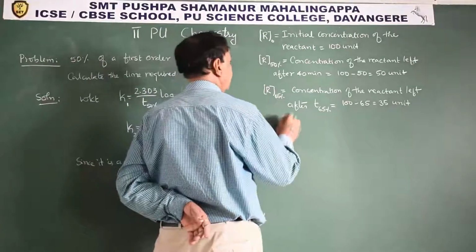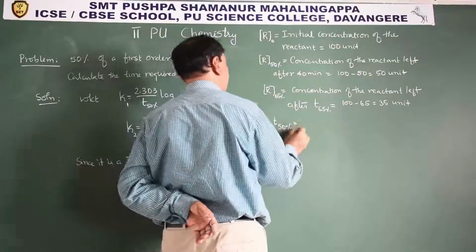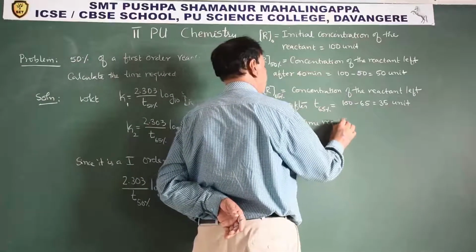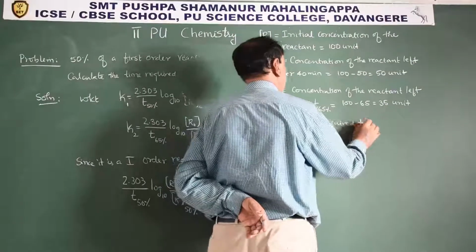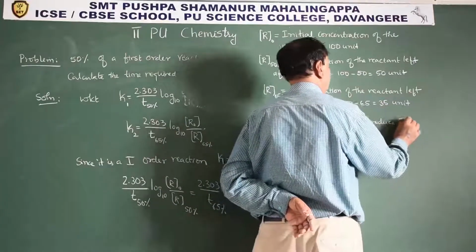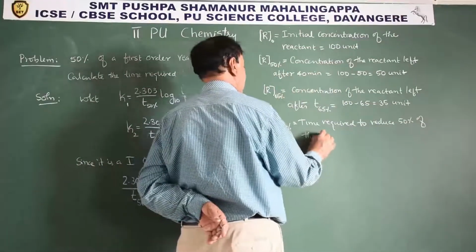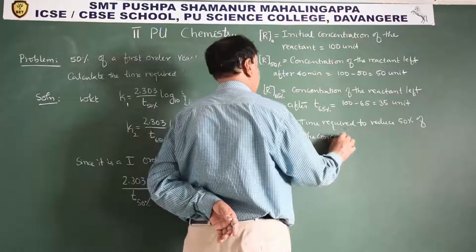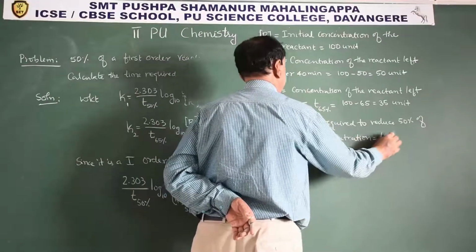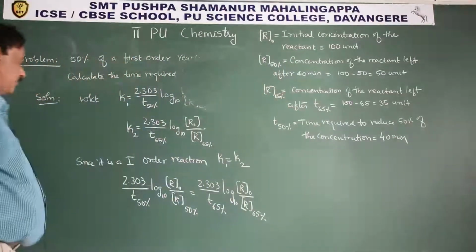T50 is the time required to reduce the concentration by 50%, already mentioned, that is 40 minutes.